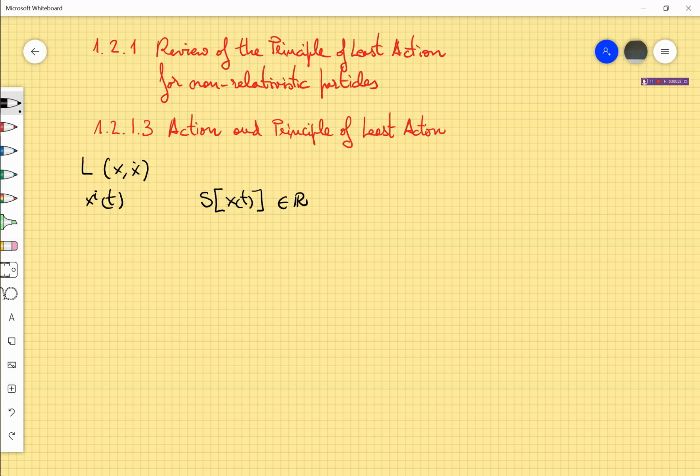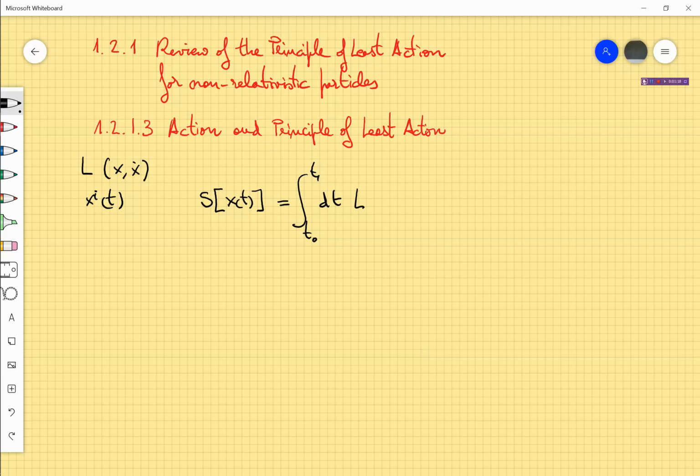This S is defined as follows. It's the integral between two times of the Lagrangian evaluated on that particular trajectory.